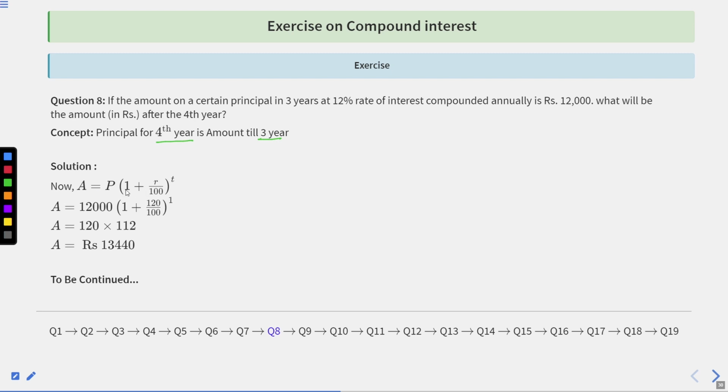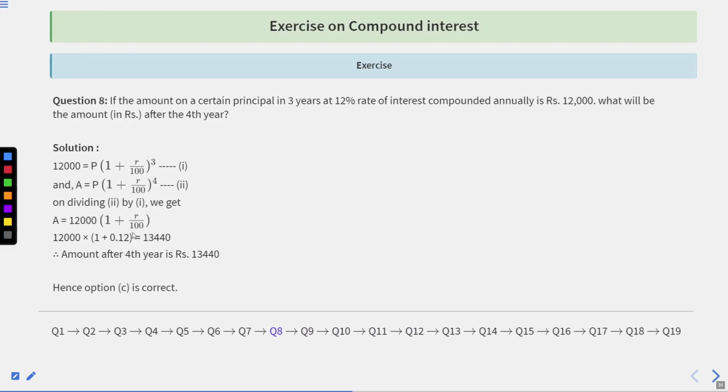So the solution now: recall the formula, A equal to principal into 1 plus r upon 100 to the power t.